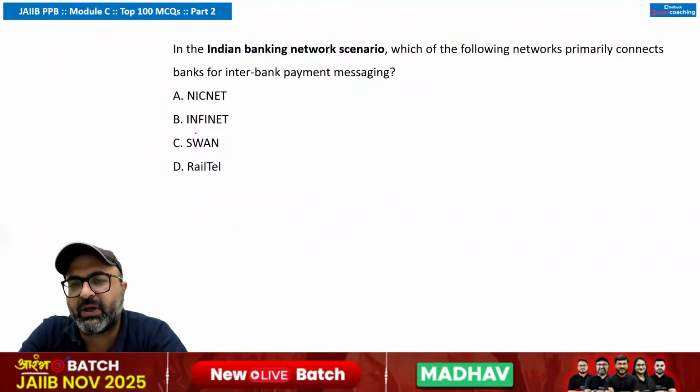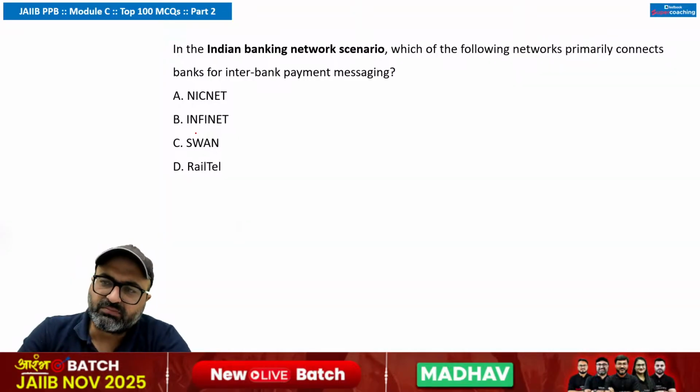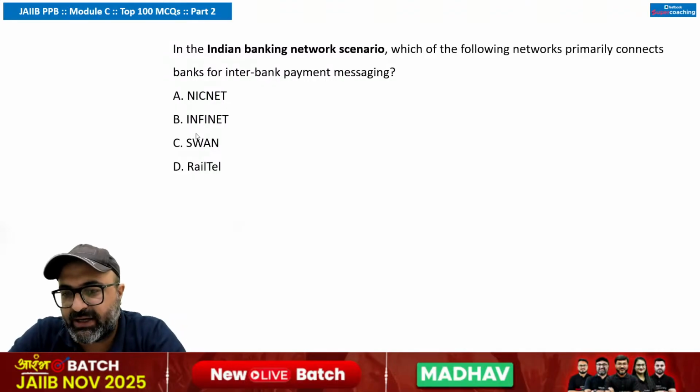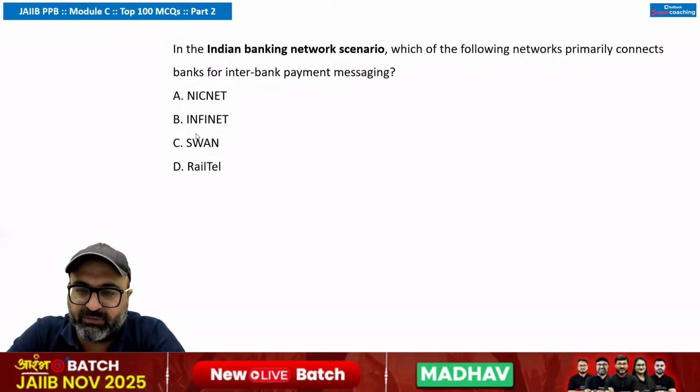अगला question देखो. In the Indian banking network scenario, which of the following networks primarily connect banks for interbank payment messaging? What will be the answer? So the answer to this particular question is first one, NICNET, that is National Informatics Center, National Informatics Centers government network, but not for banking part.